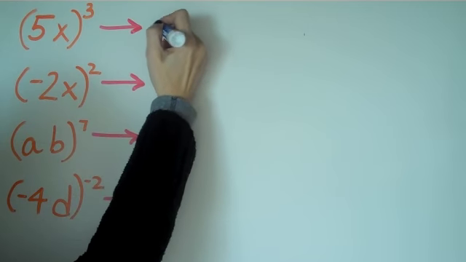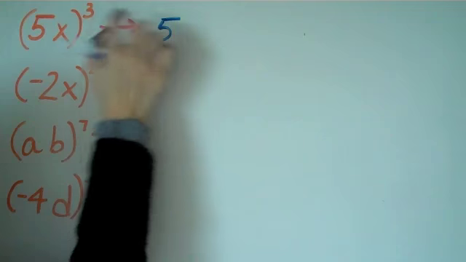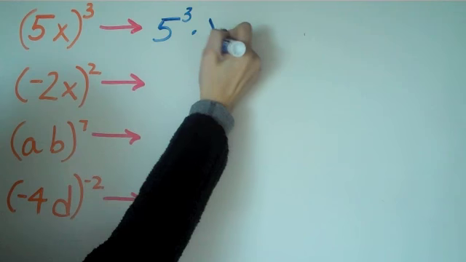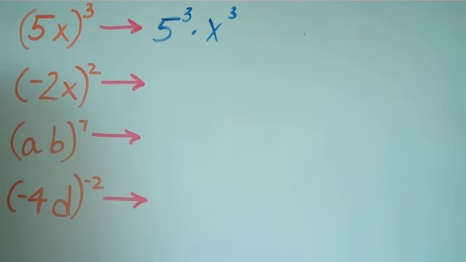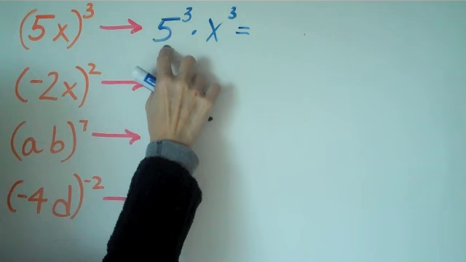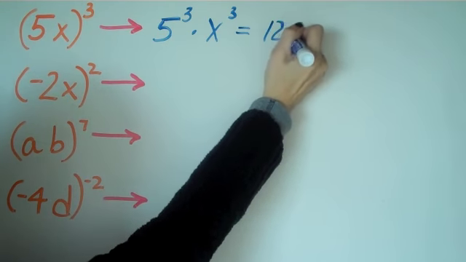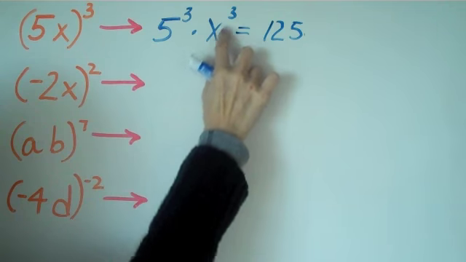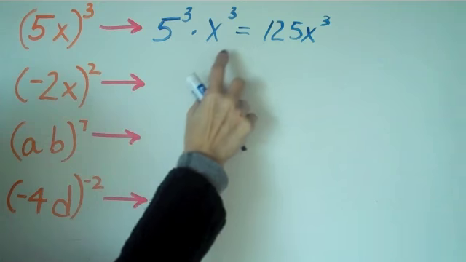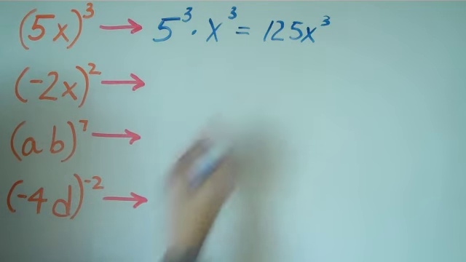Meaning, if you were to rewrite this, it would be 5 to the 3rd times x to the 3rd. Okay? So now what is 5 to the 3rd power? Well, that's 5 times 5 times 5, which is 125. And then x to the 3rd just remains x to the 3rd, because that's x times x times x.